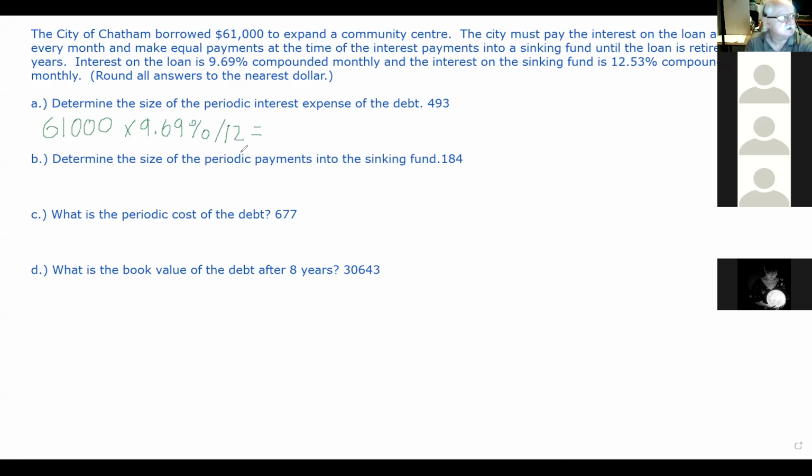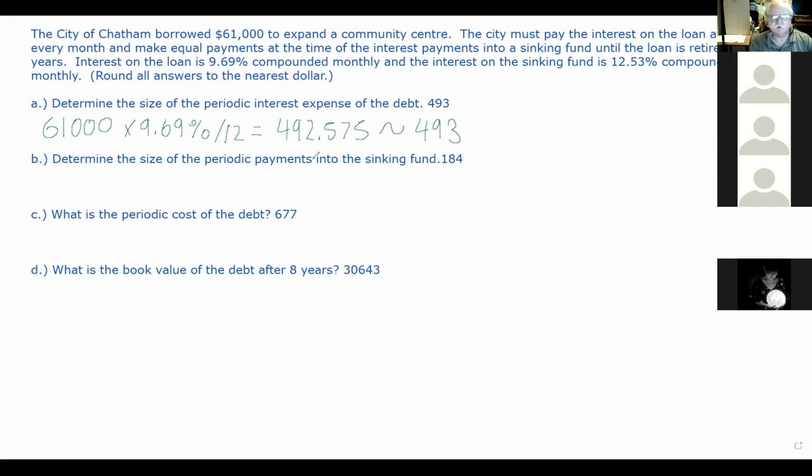So that should give us the answer that you got. Let's see if it does. 9.69% divided by 12 times 61000. And that gives us 492.575, but they say round everything to the nearest dollar. So 493 is a good answer.